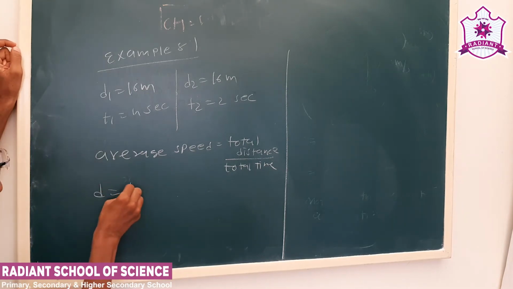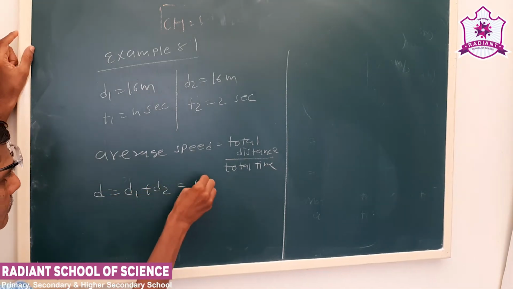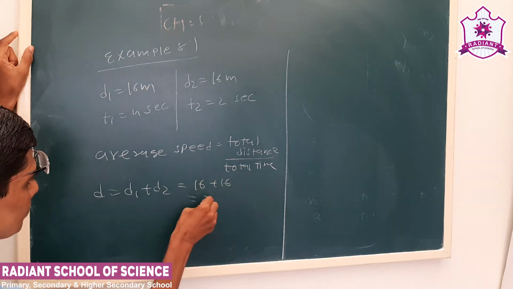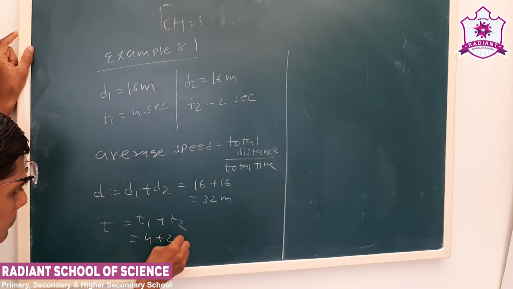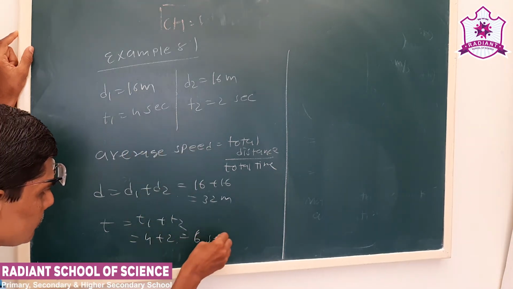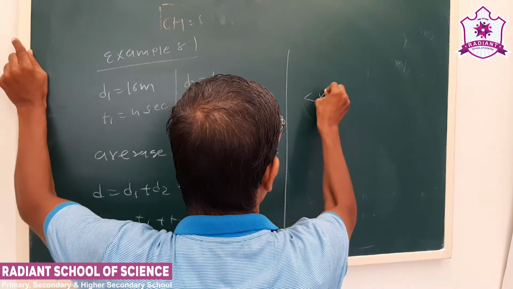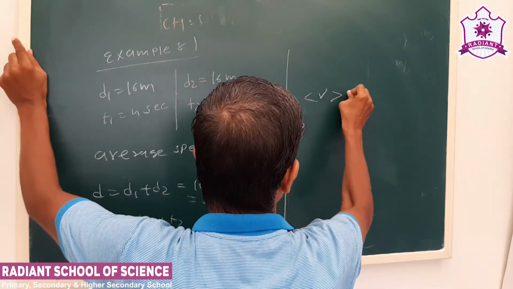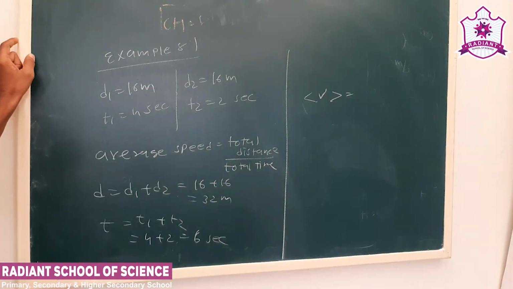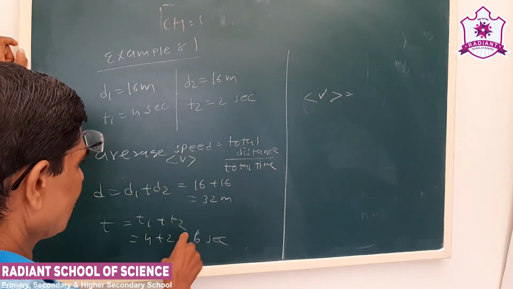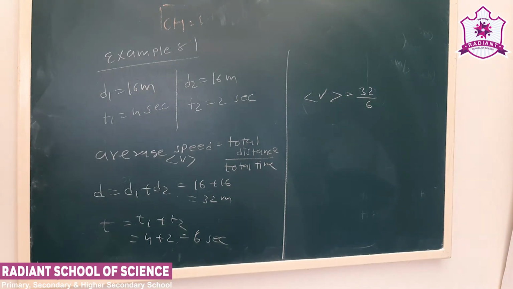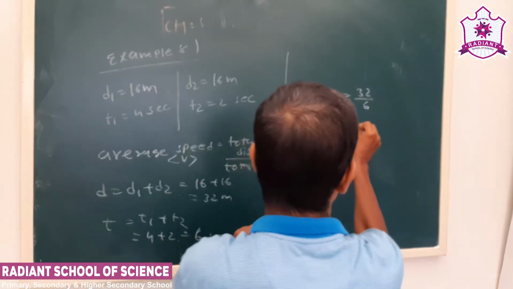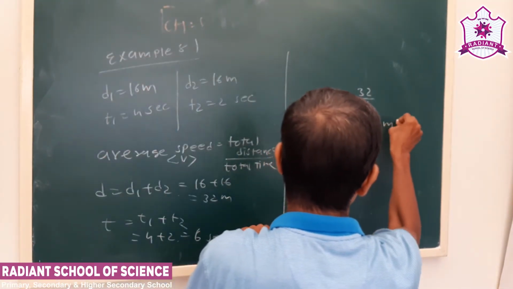Let us say d, I take d1 plus d2. What is total time? 4 plus 2. Now see here, average speed symbol is v, total distance is 32 by 6. So you can solve it, 5.33 meter per second.